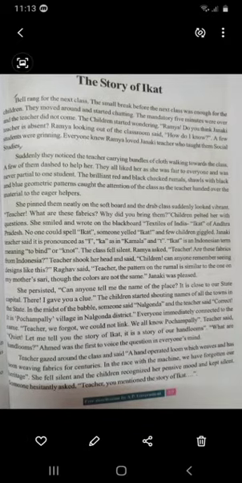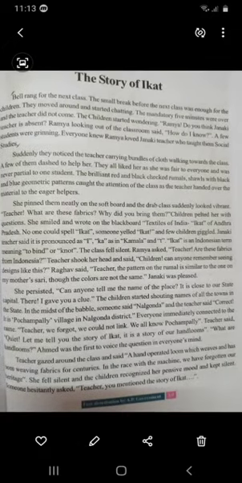Some children start to play or to fight with each other. So they do so many things.